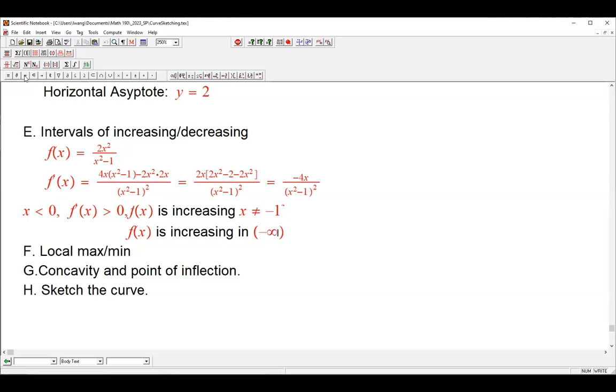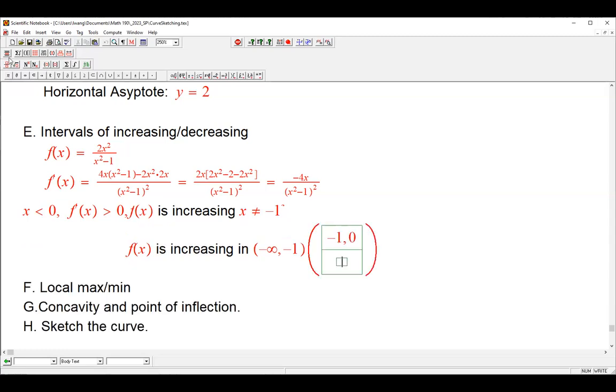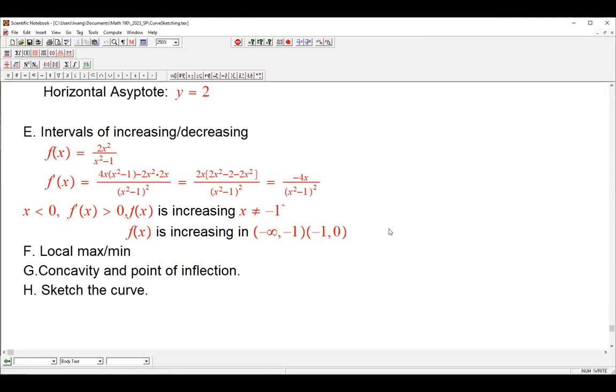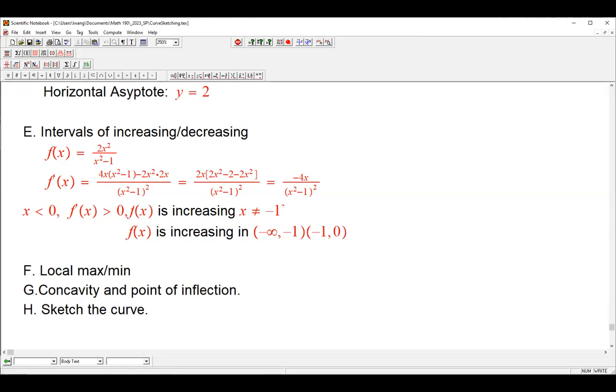Negative infinity to negative 1, and another interval will be from negative 1 to 0.